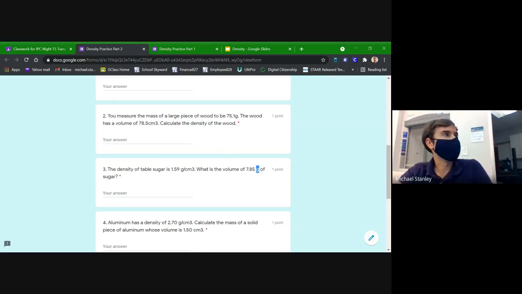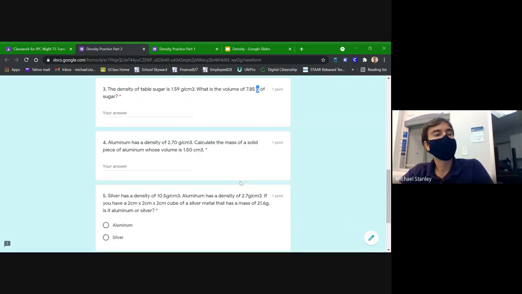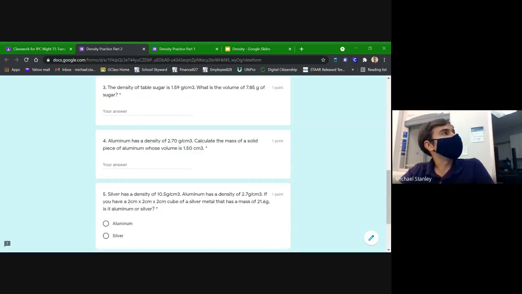Grams is mass. Number 4 similarly gives you the density and wants you to figure out what the mass is if the volume is 1.5.